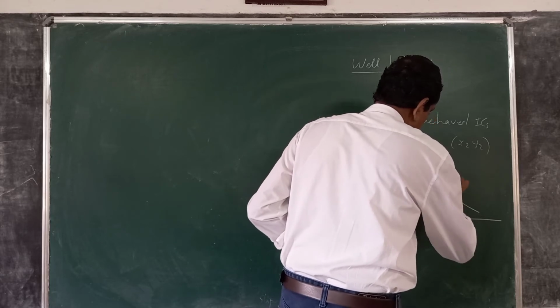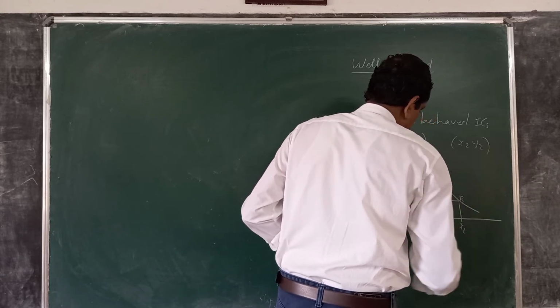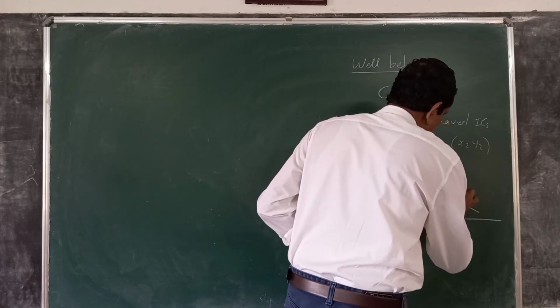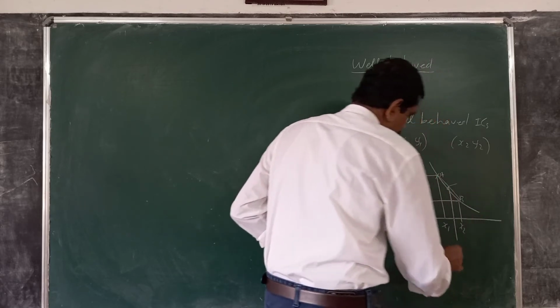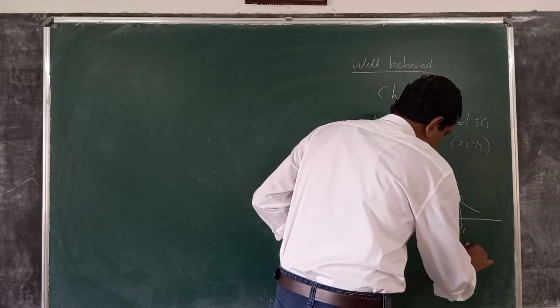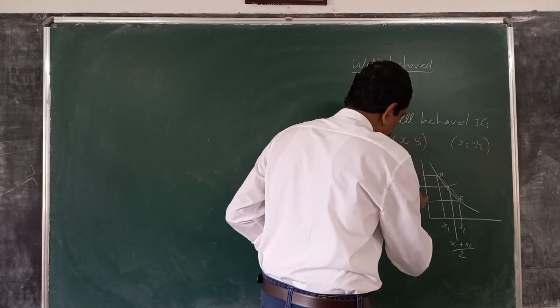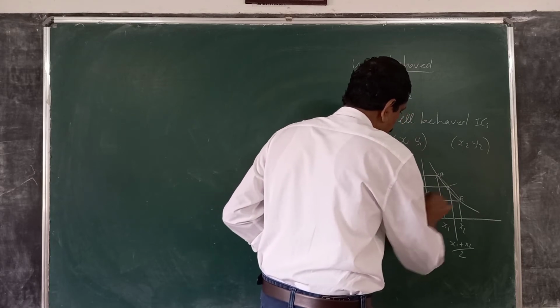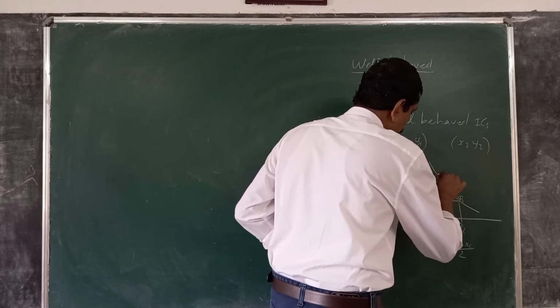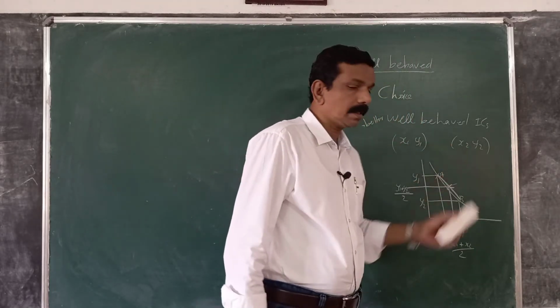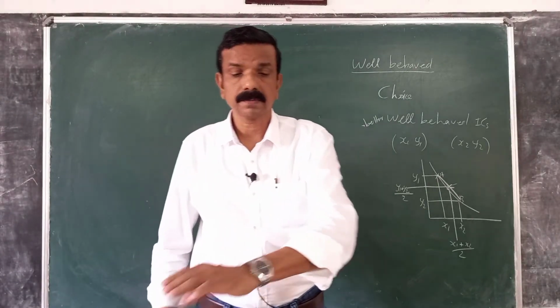Then this is A, this is B, as we have discussed earlier. Then you consider an average, that is, (X1 plus X2) by 2 and (Y1 plus Y2) by 2, point C, the average of the original bundles X1, Y1 and X2, Y2.